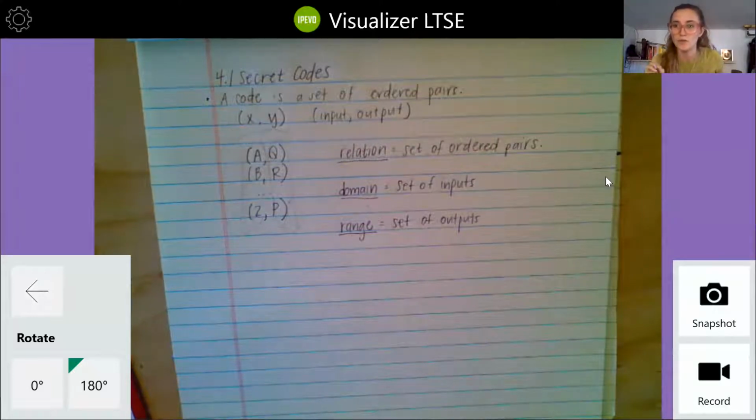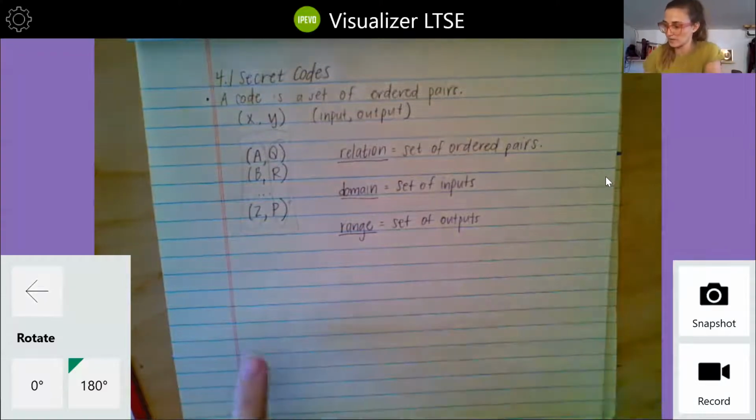Again, if you didn't do that Guess My Rule activity in Desmos, it would be a good idea to go back and take a look at that now, because it covered that idea that for every input, there is exactly one output. Okay, so let's write that down.